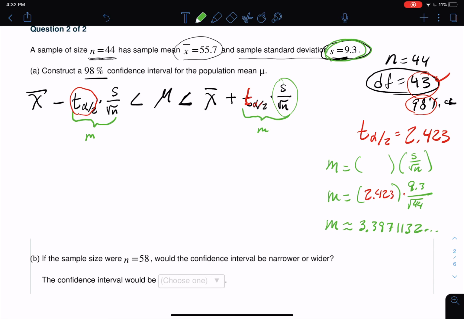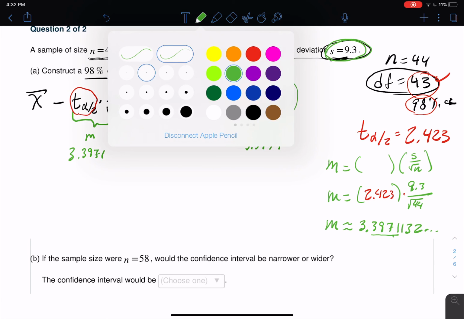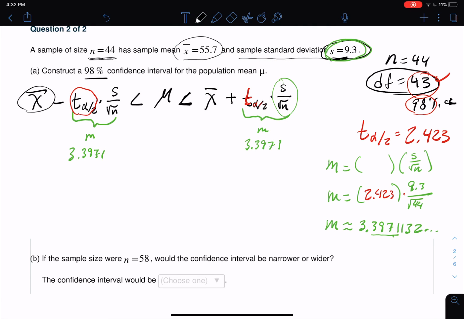3.3971132. I think we can use 4 decimal places when we do this, so let's use 3.3971. And now we need the rest of the formula. We need our sample mean, and there it is right there, 55.7.